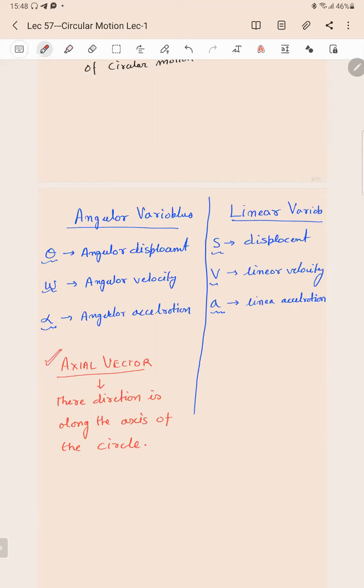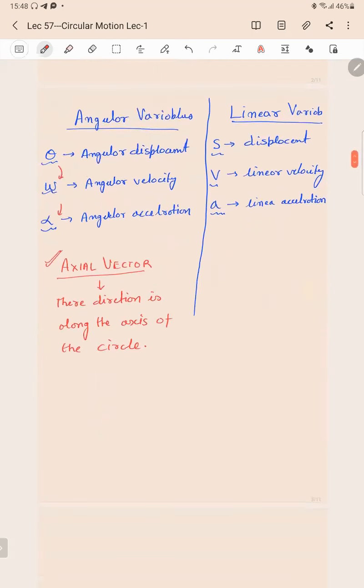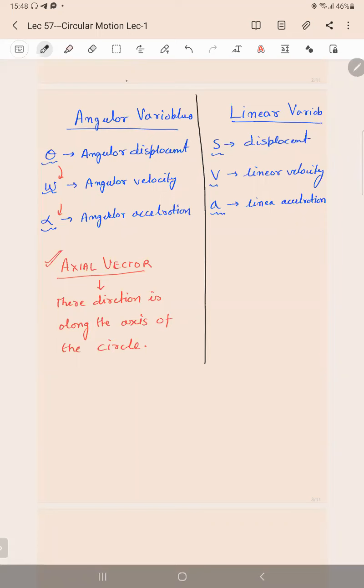से आती है. कैसे आती है वो सब मैं समझाऊंगा तुमको. तो हमें क्या क्या पढ़ना है, हमें पढ़ना है इनमें आपस में क्या रिलेशन होता है. And next we will also understand that how angular variables and linear variables are connected together. This is also something that we will try to understand, that what is the connection between the angular and the linear variables.